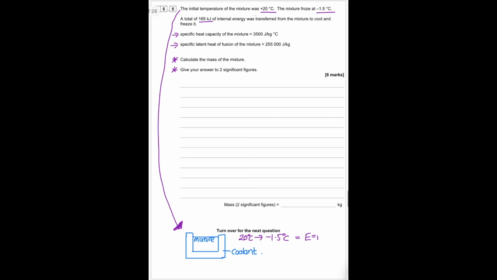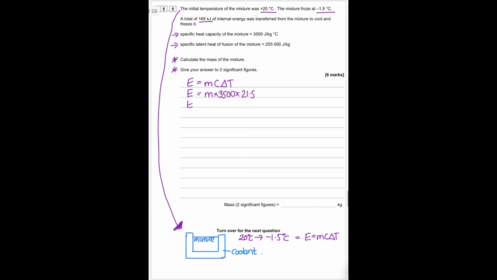So energy is mass times specific heat capacity times the change in temperature. The energy is the mass, which we don't know, the specific heat capacity, which we know is 3,500, and the change of temperature has gone down by 21.5 degrees Celsius.